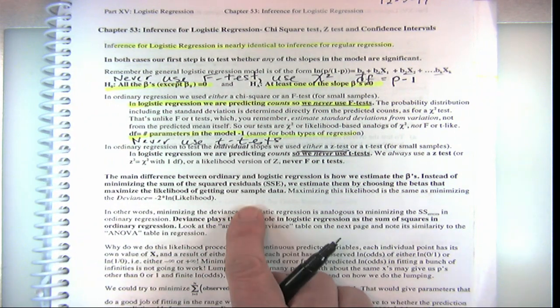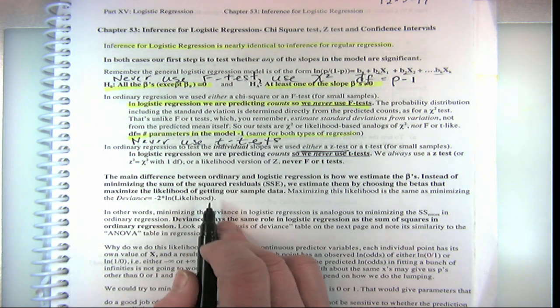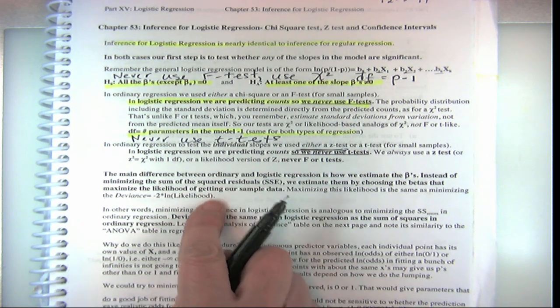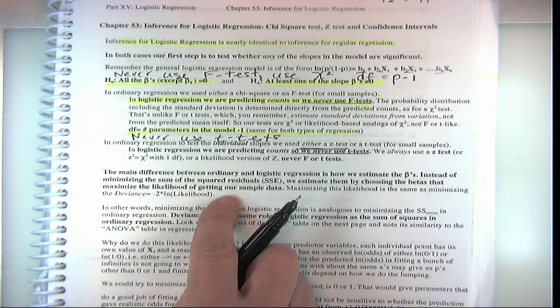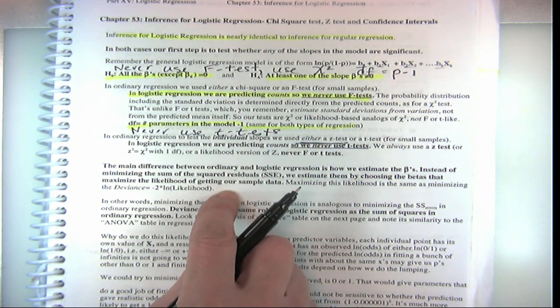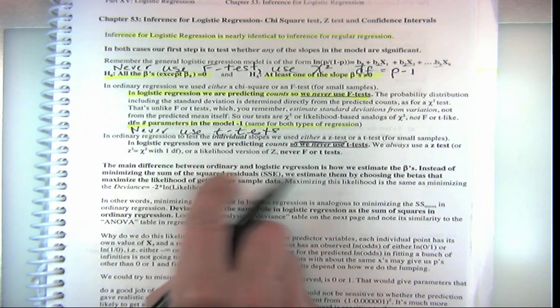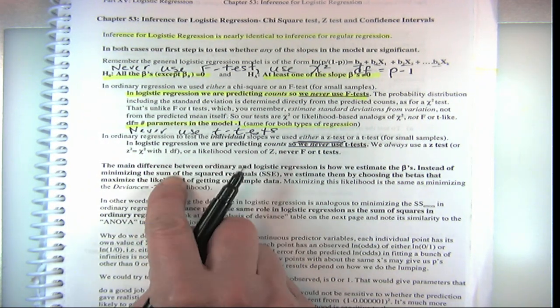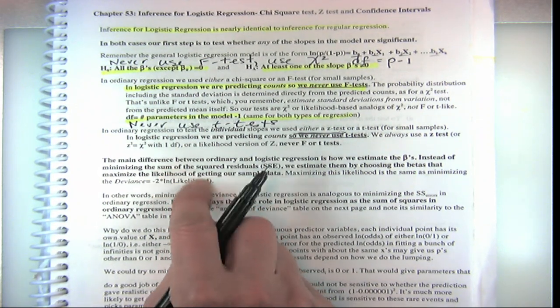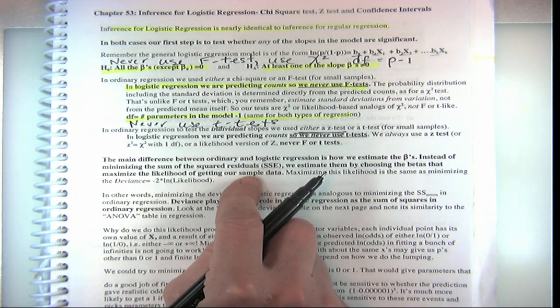Instead of doing our usual least squares, where we take the sum of the squared residuals, we estimate them by a maximum likelihood estimate, which maximizes the likelihood of getting our sample data. Now, with ordinary least squares, these two things are the same, so it really doesn't matter which way you do it. If you take STAT 400, I'm sure that's probably one of the things you've proved. But for logistic regression, they're not the same.